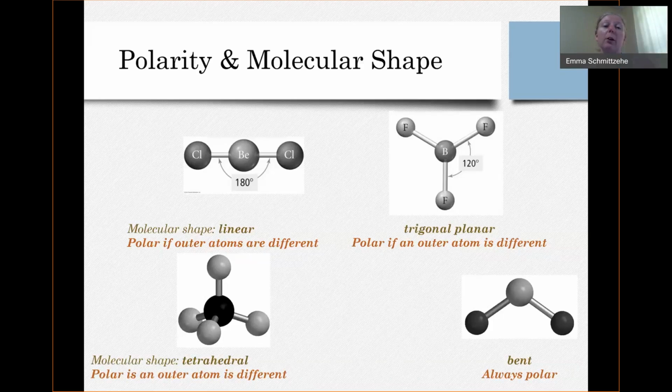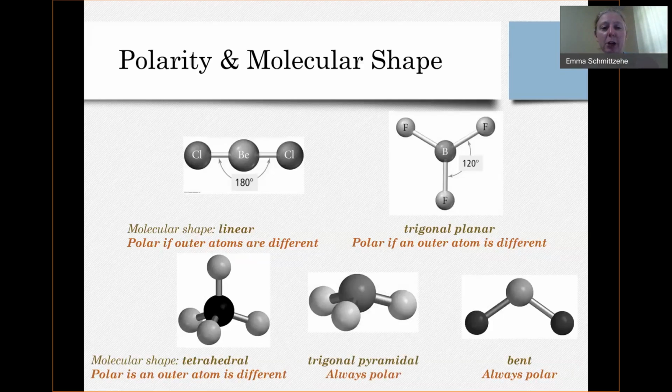It doesn't matter if you change one of them out, two of them out, or three of them out. If at least one of them is different than the other outer atoms, then it's polar. And then the last molecular shape that we deal with with octet structures is trigonal pyramidal.